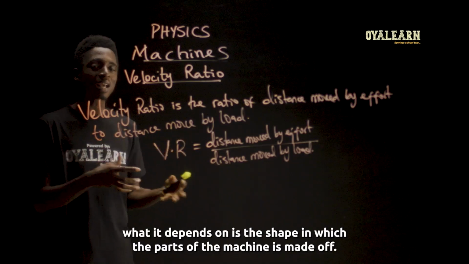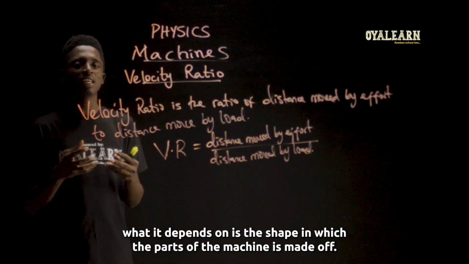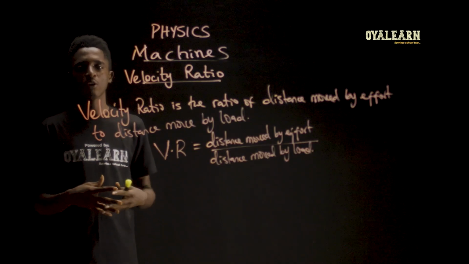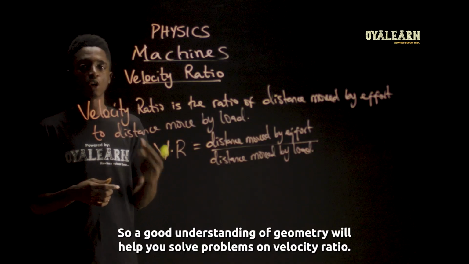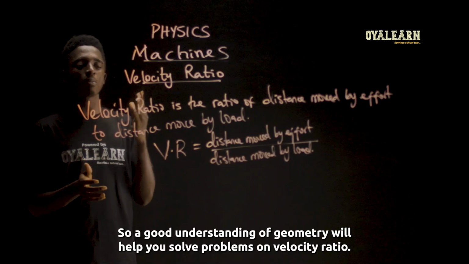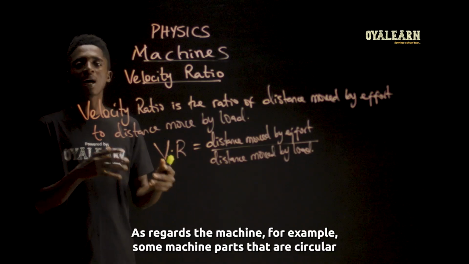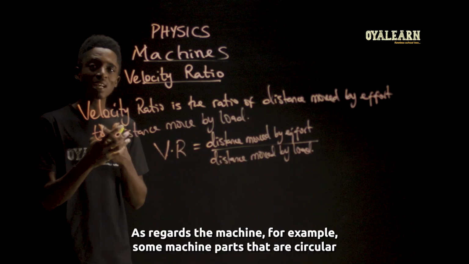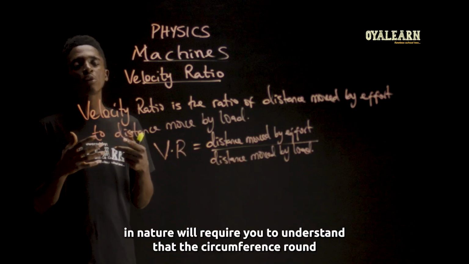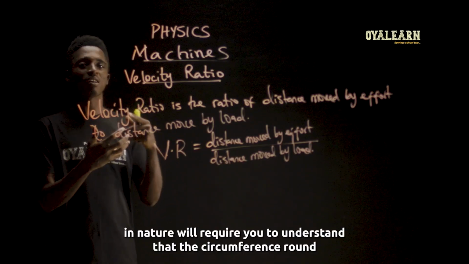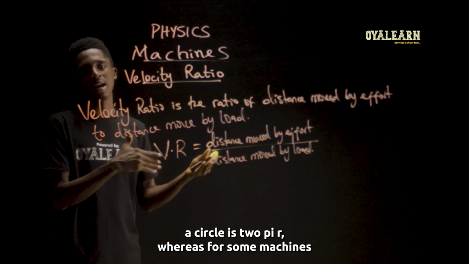Now you see, different machines have different ways by which you can determine their velocity ratio. What it depends on is the shape of the parts the machine is made of. So a good understanding of geometry will help you solve problems on velocity ratio. For example, some machine parts that are circular in nature will require you to understand that the circumference of a circle is 2 pi r.